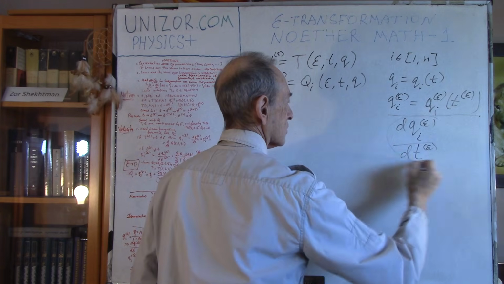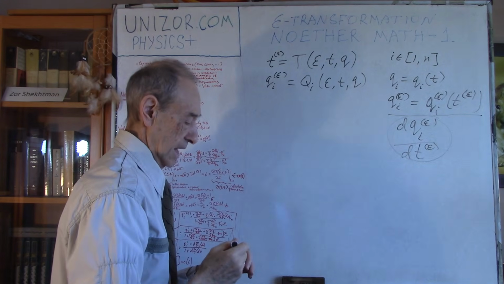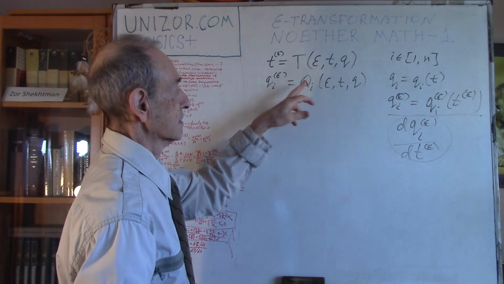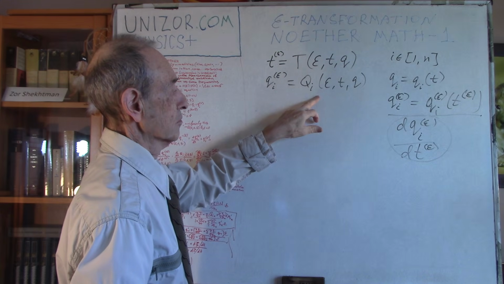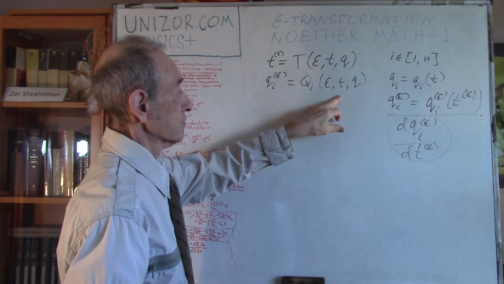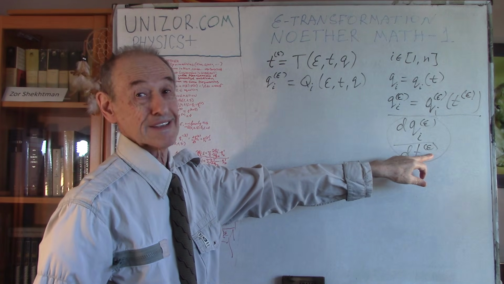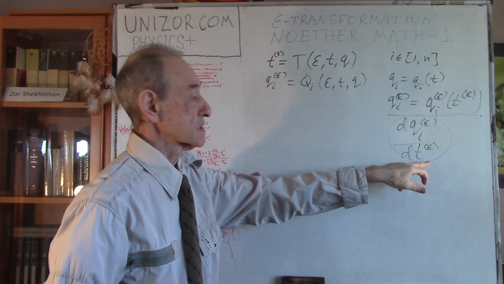That's what velocity actually is. And it's not easy to differentiate this thing by time, because time depends on the modified, transformed time. So the problem is here.